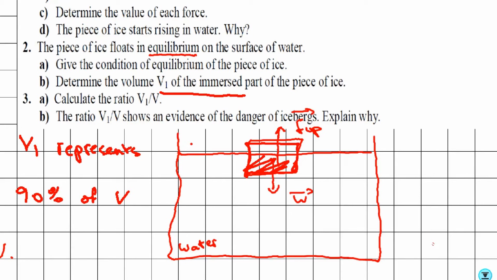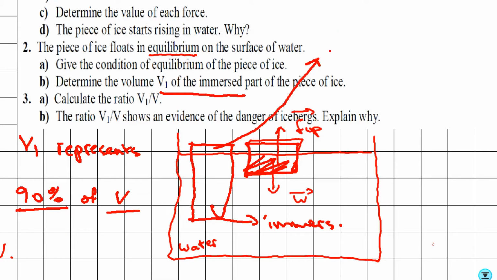So let's suppose the piece of ice will be like this. The majority of the volume, which corresponds to 90% of the total volume, would be inside the liquid. So this is the immersed part. And the emergent part will only correspond to the difference between the total volume and the immersed volume, which is 10%.